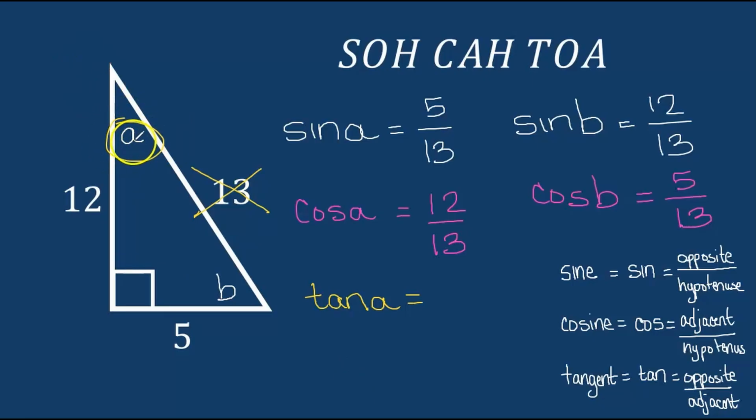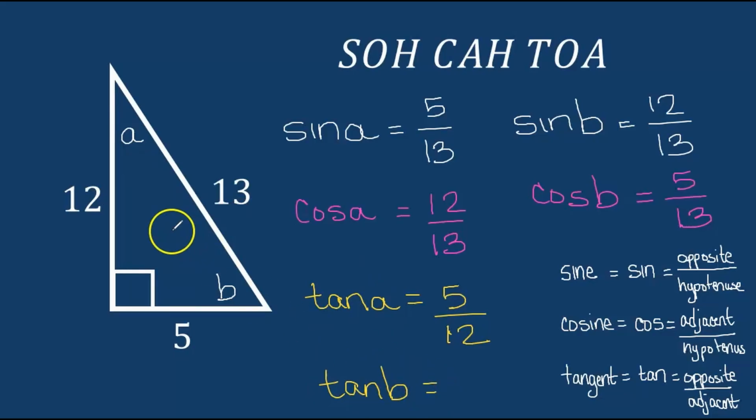So the tangent of angle A is going to be opposite, right across from it, over the adjacent number, the one right next to it, 5 over 12. Let's clean this up a little bit so that we can orient to angle B. Tangent of B, then, is opposite, which is 12, over adjacent, which is 5. Notice that these are reciprocals of each other.